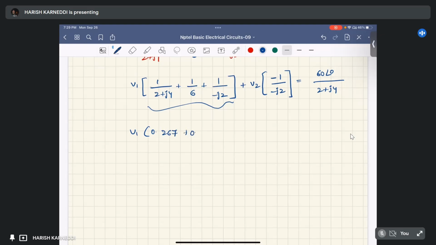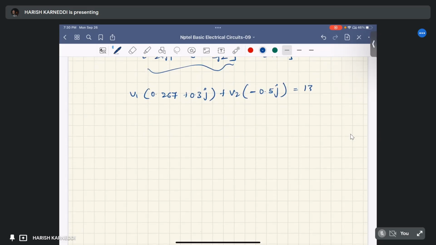0.267 plus 0.3j. This minus and minus will be cancelled, and V2 into 1 by 2j, which means it is minus 0.5j, equal to 60 at an angle 0 by 2 plus 4j, which is equal to 13.42 at an angle minus 63.443.